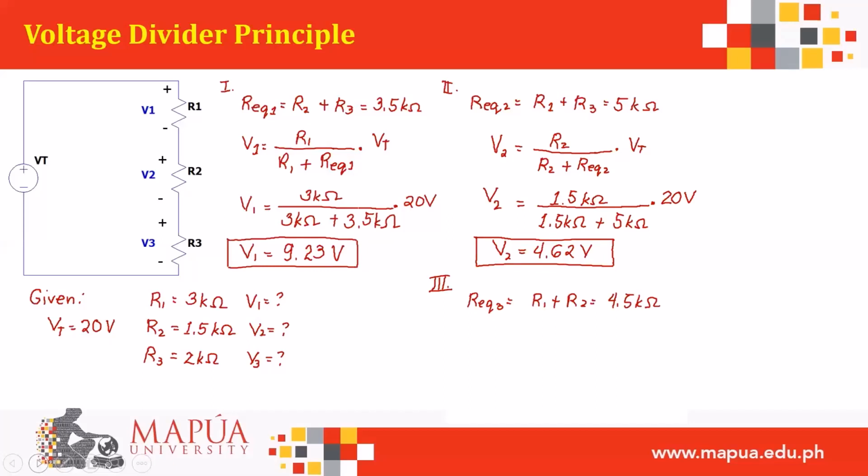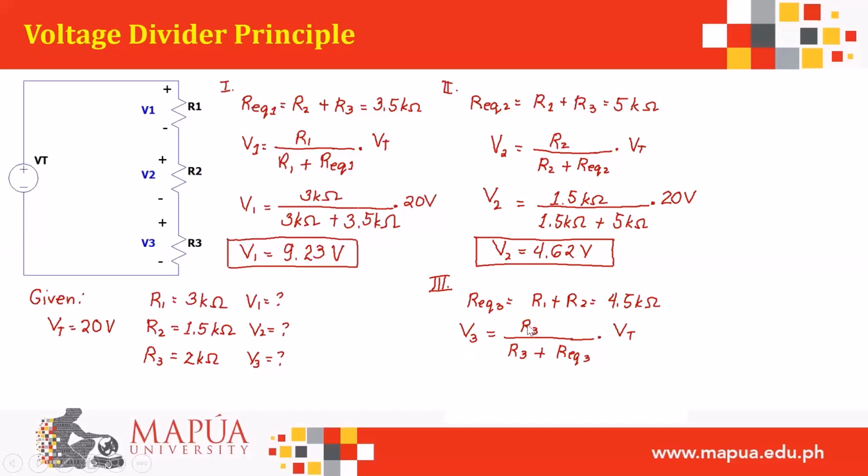Okay, let's proceed with the last one, V sub 3, or voltage across R3. Our equivalent resistance 3 is, in this case, R1 plus R2. That's 4.5 kilo ohms. So let's solve for the voltage here.